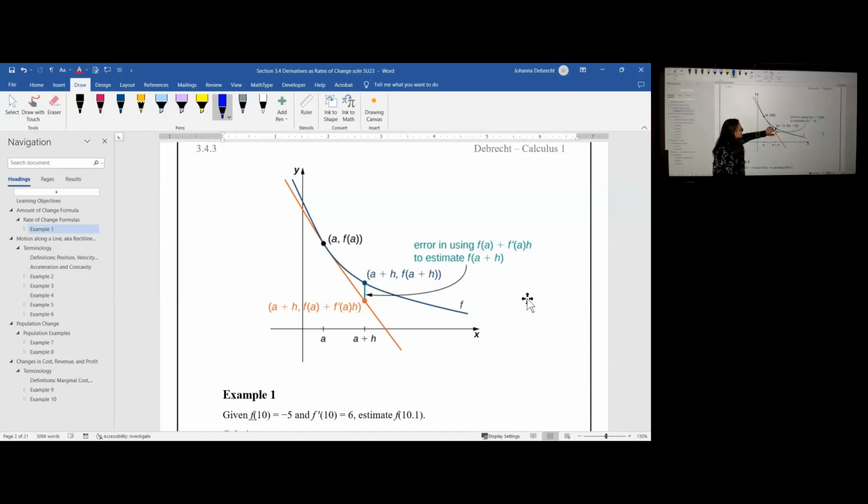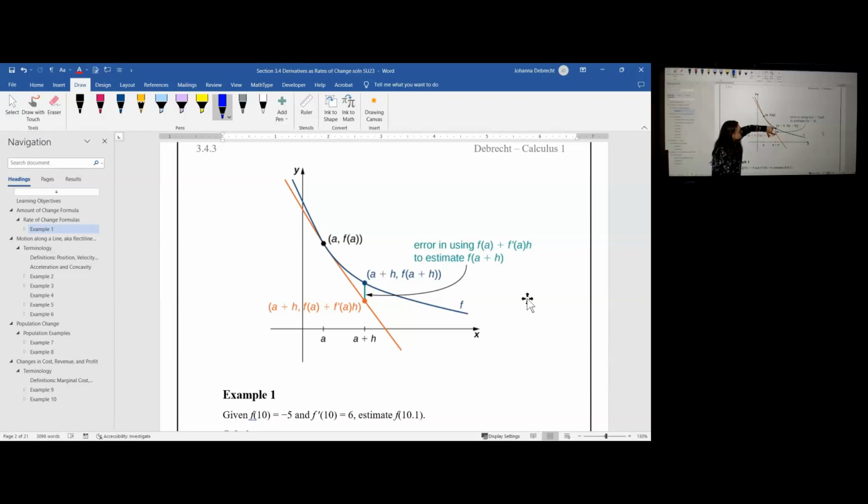This becomes the point A plus h, f of A plus h, which is on the blue graph. Now we want to approximate that by taking the point that's on the tangent line to the graph at the point A. When we do that, we're using the same x-coordinate, A plus h, but we're using our approximation, which is actually on the tangent line here in orange.